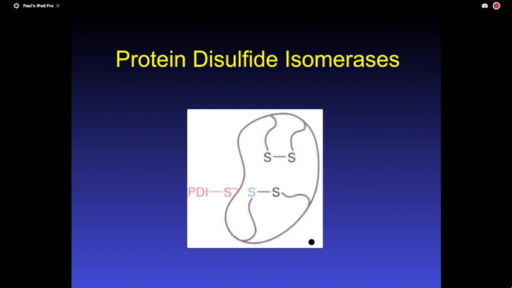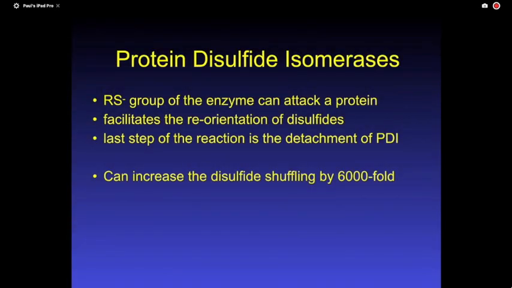Over time, it'll allow the shuffling of disulfides to get to the most energetically favorable. And it doesn't matter that you're breaking them, I'll get them all to the right fold. Okay. It can increase the disulfide shuffling by about 6,000 fold and lead to good folds.